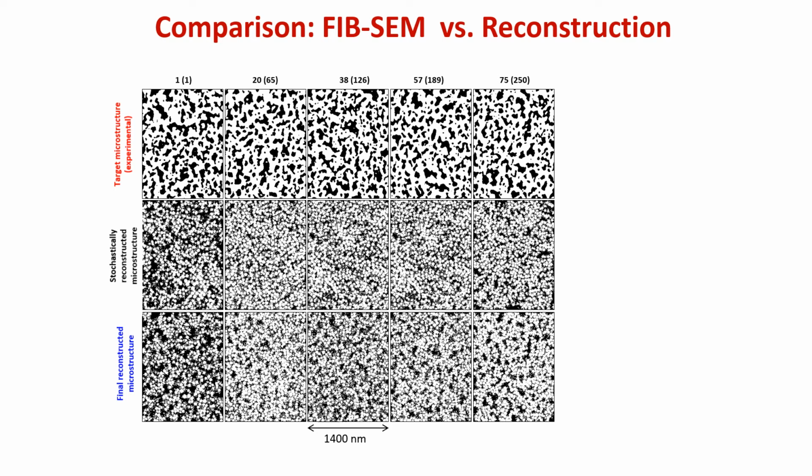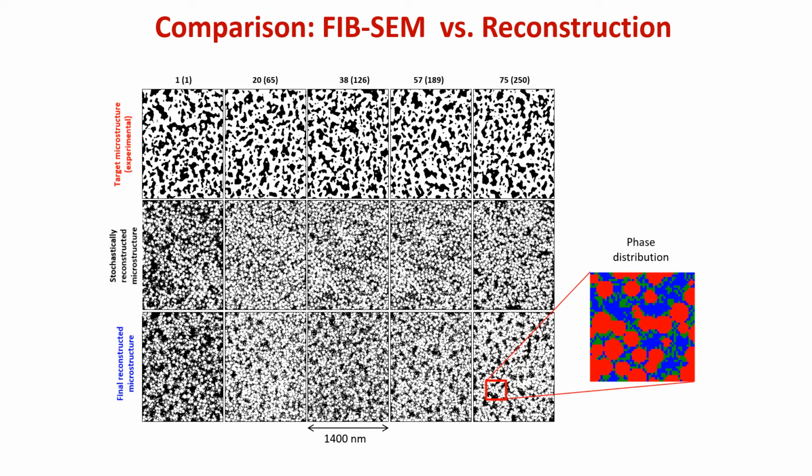Here shows a comparison of experimental images on the top with numerically generated geometry. The middle images are randomly generated, whereas the bottom images are generated according to a two-point correlation based on the experimental images. We can see apparently the one with similar correlation compares well with the experimental images.